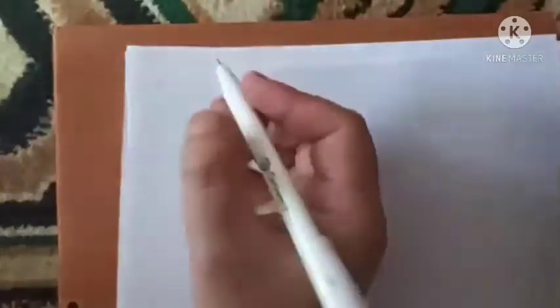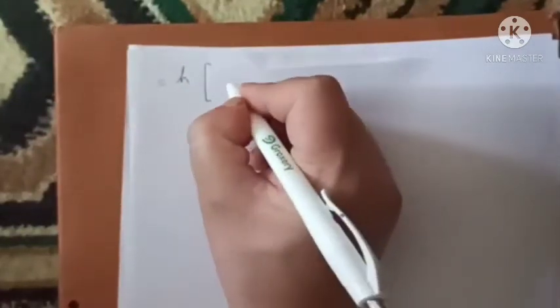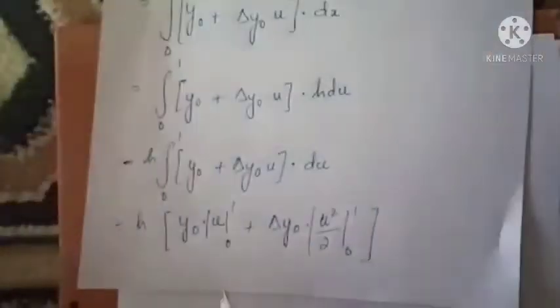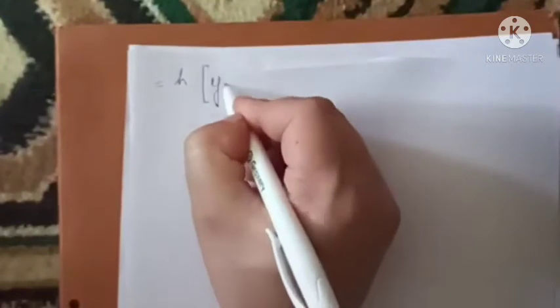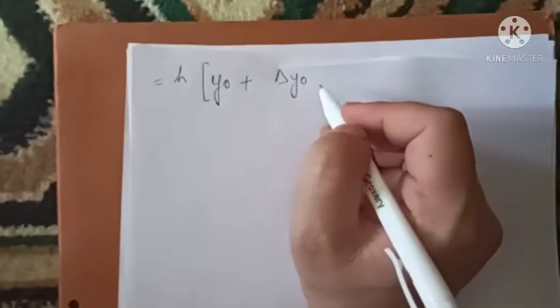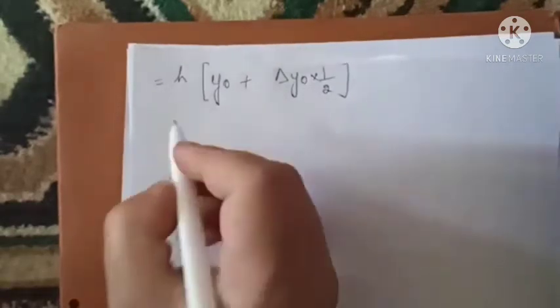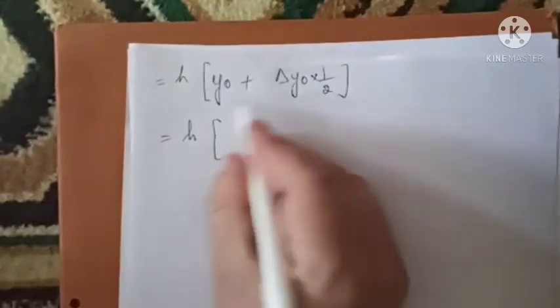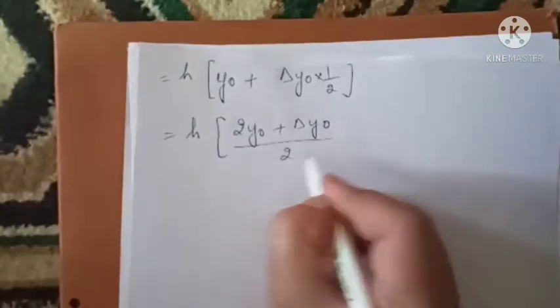Okay, see. So it will be h of, whenever we solve this, it will be 1 minus 0, and that will be 1, and 1 into y0 will be y0. So that's what I will write over here: y0 plus delta y0, this will be 1 squared divided by 2 minus 0 squared divided by 2, that will be 1 divided by 2. Okay, h of, we take the LCM: (2 y0 plus delta y0) divided by 2.